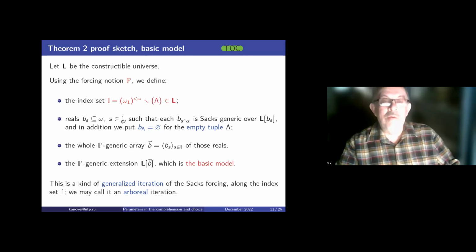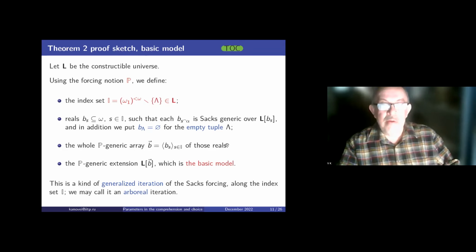Just only to say that if the index is one element, then it is simply Sachs over the constructible universe. The whole array of them and the extension of L by this array, vector B. It's a basic model, a Borel iteration.